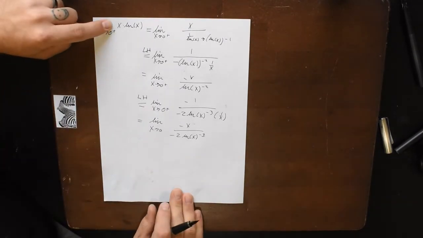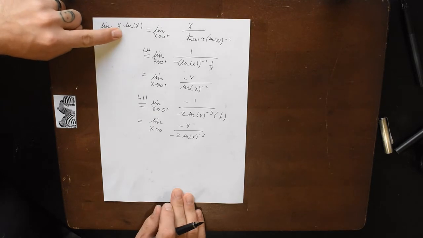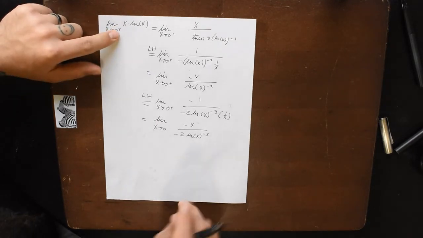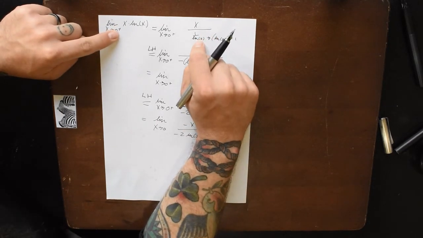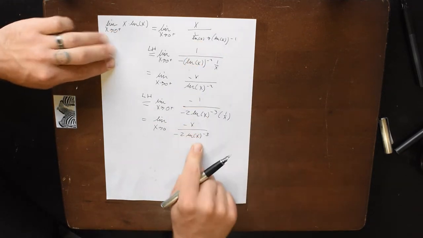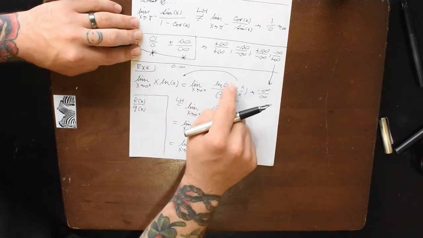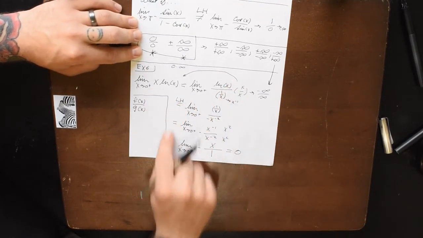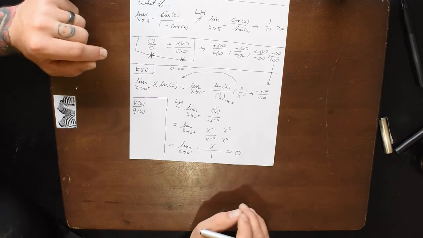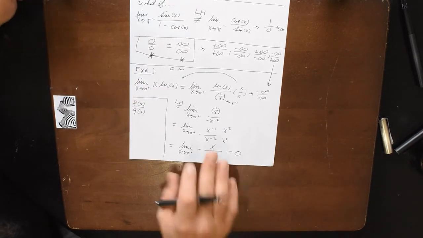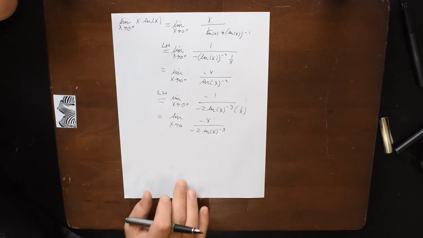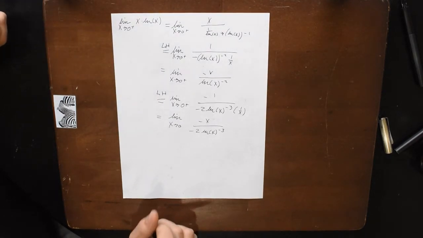Well, remember, there were two different ways you could break up x ln of x. You could either make it x divided by 1 over the natural log of x, which led us down a path of pain, or we could have done x ln of x to equal ln of x divided by 1 over x, which led us to an answer. How long do you trek down the path of pain until you lose faith in it is a good question.